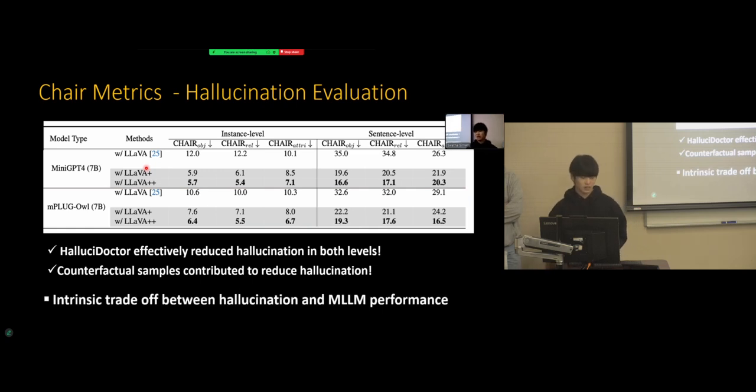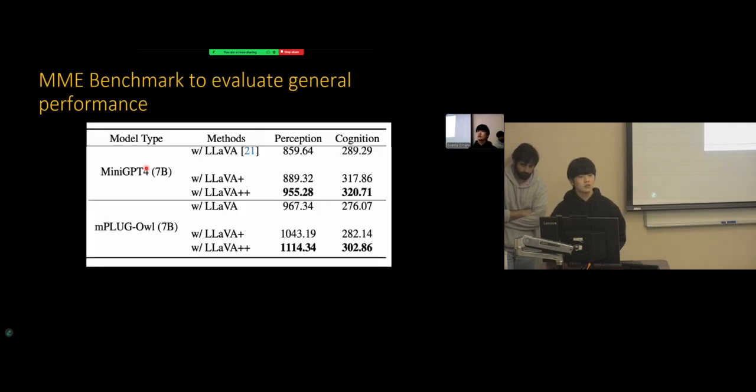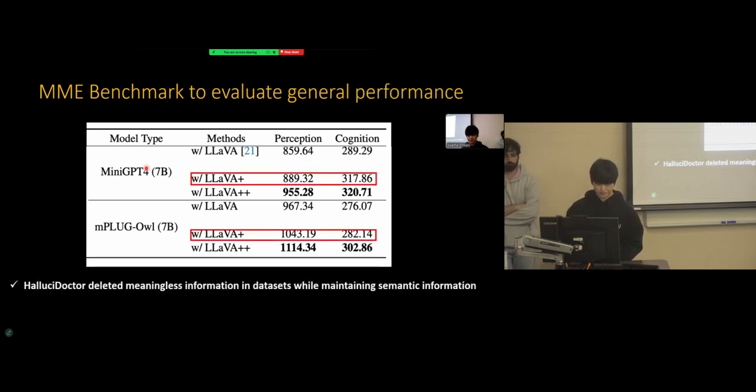However, there is an intrinsic trade-off between hallucination and the multimodal large language model performance. So we have to compare hallucination and this performance simultaneously. So they extended their experiment to the MME benchmark to evaluate the general performance. You can see the result.